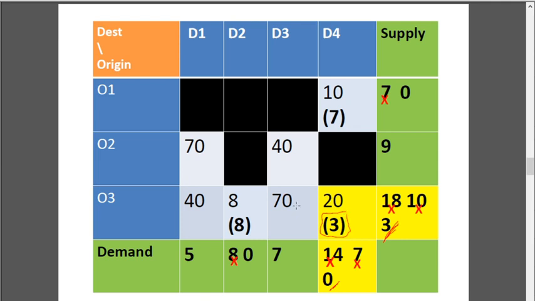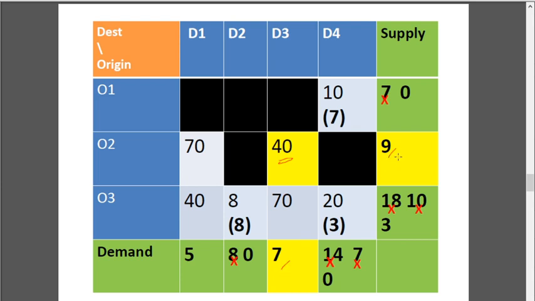Next minimum cost cell, out of this 70, 40, 70 and 40, is 40. So this is also 40 and this is also 40. Now I can select either of these two. So I'll select this 40. Now the supply is 9 and the demand is 7.